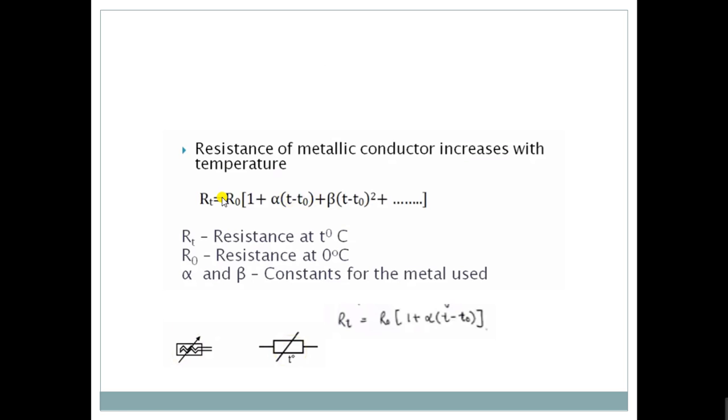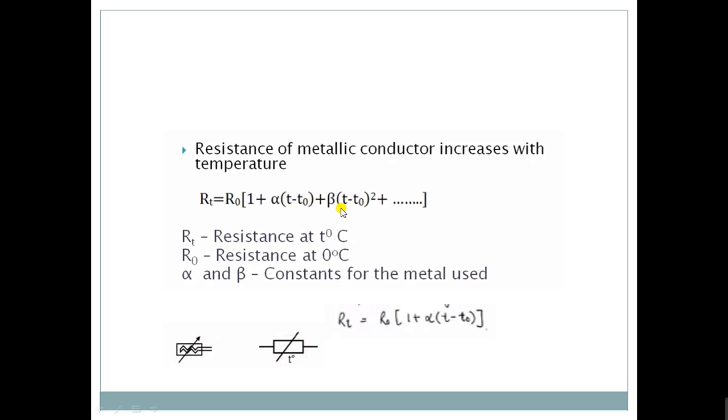This is the resistance calculation formula. R equal to R naught into 1 plus alpha (T minus T naught) plus beta into (T minus T naught) squared. Here R_T represents resistance at T degrees Celsius. R naught represents resistance at 0 degrees Celsius. Here alpha and beta are the coefficients of the particular metal used.